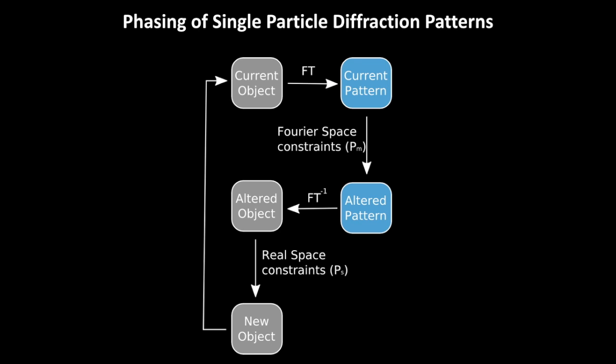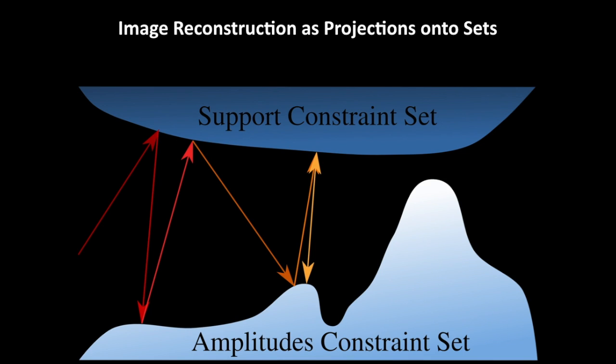There are some issues with it. This can be viewed as projections onto sets. So you have the set of all points that fulfill the support constraint, and the set of all points that fulfill the amplitude constraint. These are like all the different structures that could fulfill one or the other. And then you just project onto one and the other, and so on.